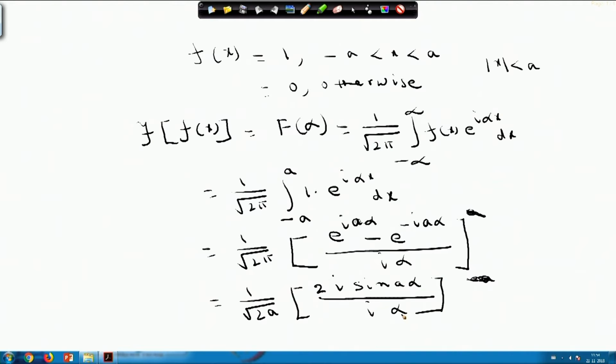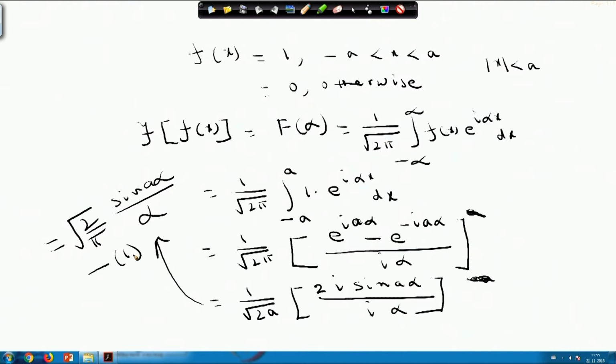So this equals root over 2 by pi into sine of a alpha divided by alpha.